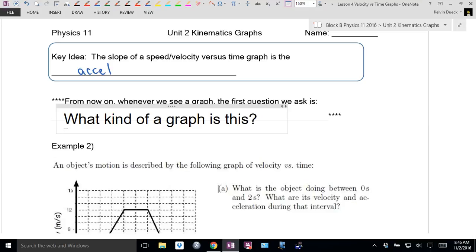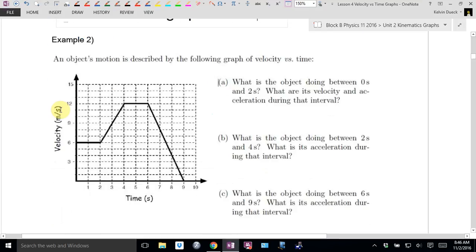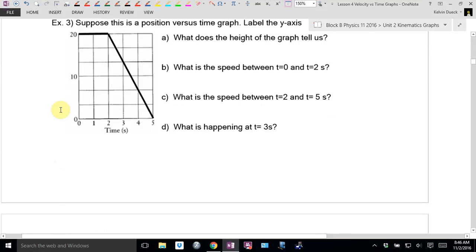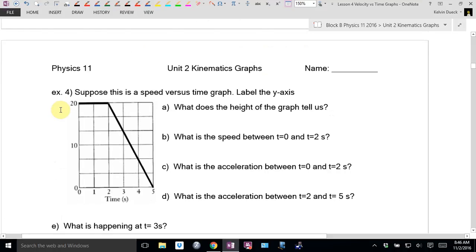Because the slopes and the heights, the y-coordinates, mean very different things depending on the type of graph. In fact, example 3 and example 4 are the same graph, but we're going to label them differently. The same shape is going to mean very different things depending on what kind of graph.